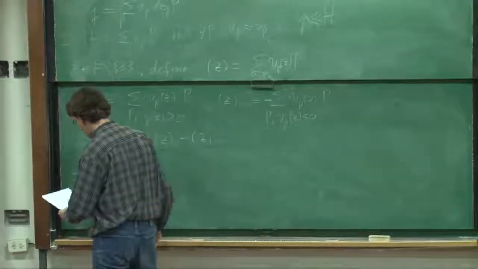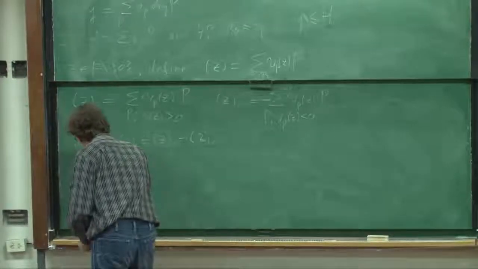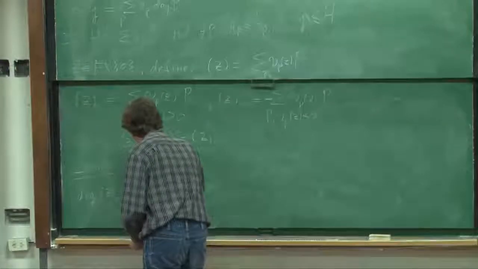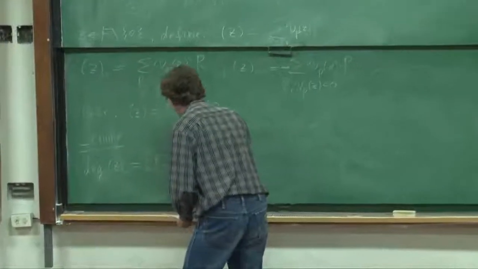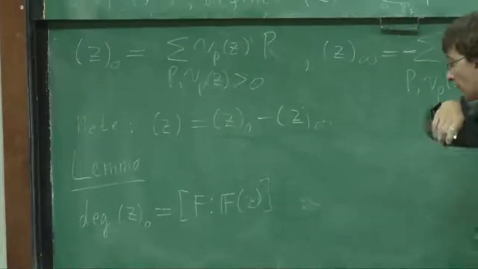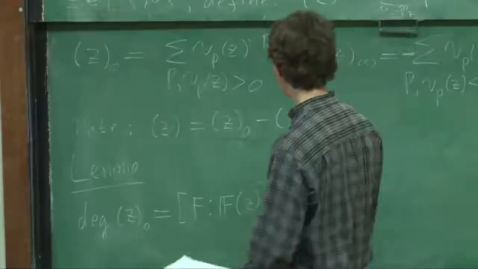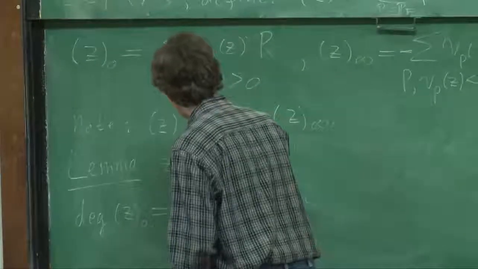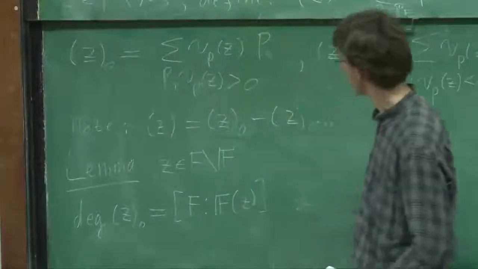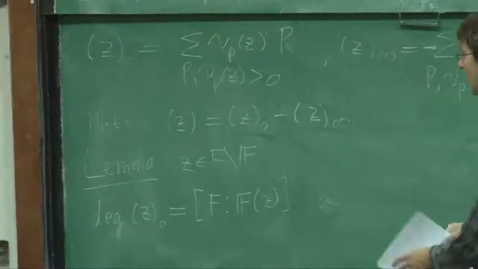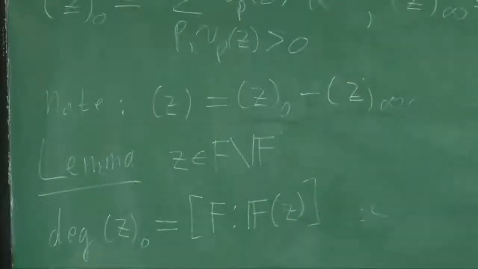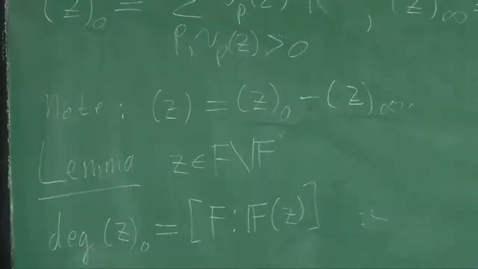The lemma is that the degree of this Z_0 is equal to this extension degree. Let me exclude the constants there. So is this a finite number or not, that is not immediately clear.